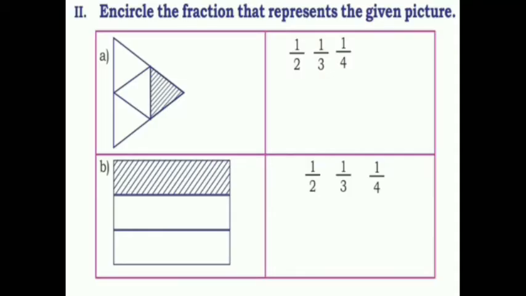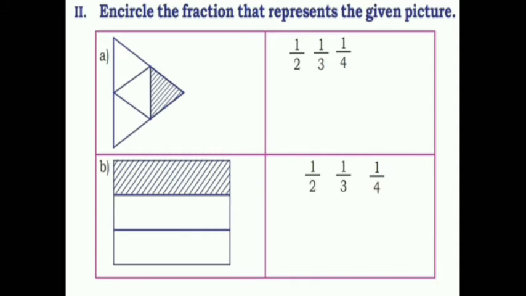Now we should circle the fraction that represents the given picture. First we have this figure. Here one part is shaded. So the numerator is 1. Here all fractions have 1 as the numerator. We should see the denominator.